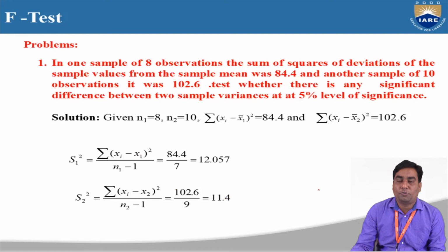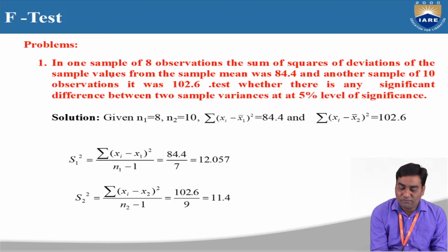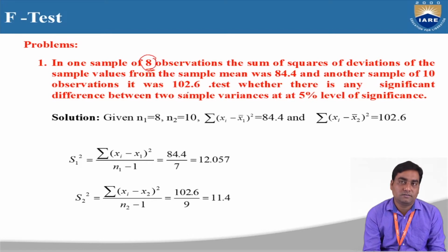Now, going to the problems. The first problem says: in one sample of 8 observations, the sum of squares of deviations of the sample values from the sample mean was 84.4, and in another sample of 10 observations, it was 102.6. In the first statement, one sample has 8 observations, so the sample size n equal to 8.